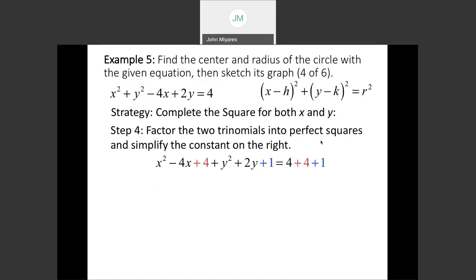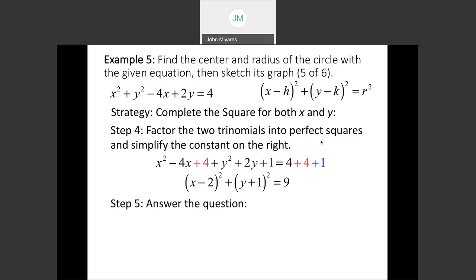Now, factoring the x's and the y's separately using the AC method or whatever method you prefer to factor the expressions will give us x minus 2 quantity squared plus y plus 1 quantity squared. Then simplifying the 4 plus 4 plus 1 gives 9. So now we have our equation in standard form. x minus 2 quantity squared plus y plus 1 quantity squared equals 9.